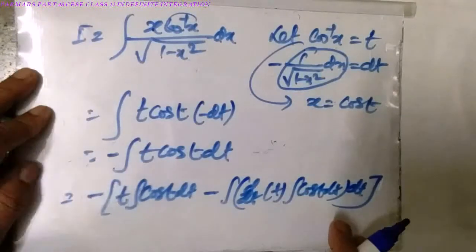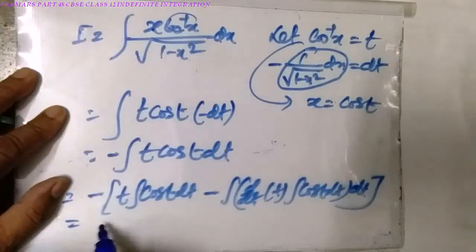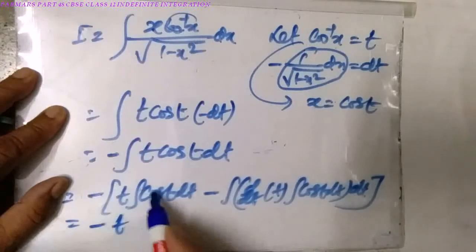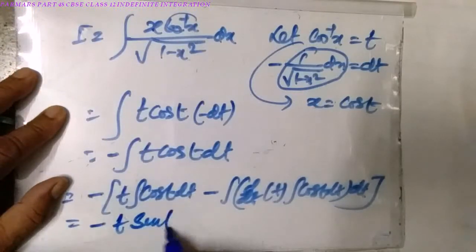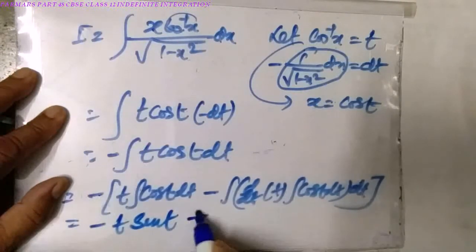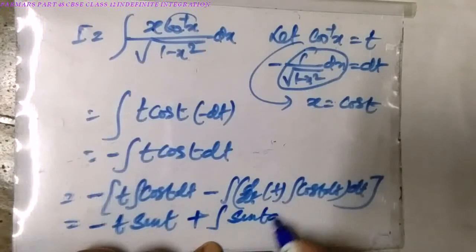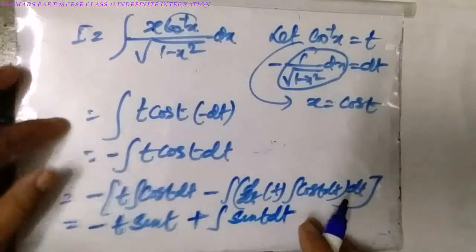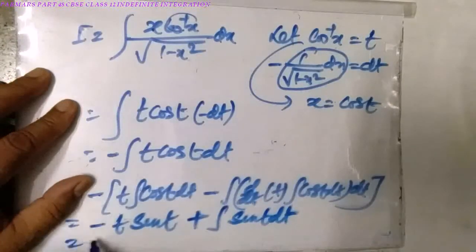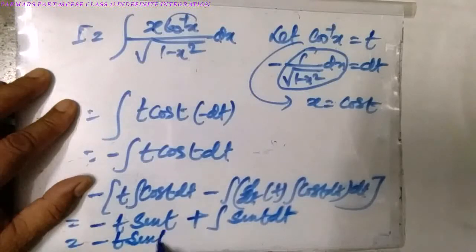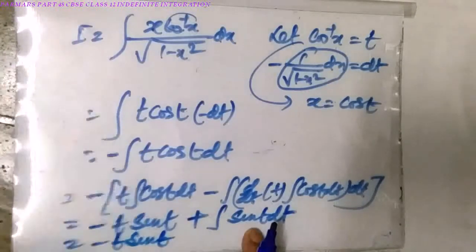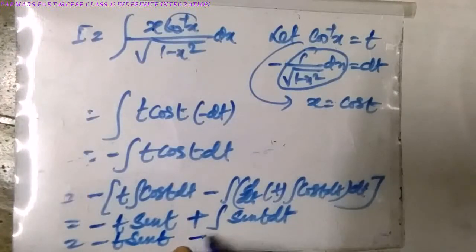Okay, from here what we get? Minus, the integration of cos t is sin t, minus minus plus d/dt of t is 1, so 1, and sin t dt. Then at last it is minus t sin t, and integration of sin t is minus cos t and plus c.